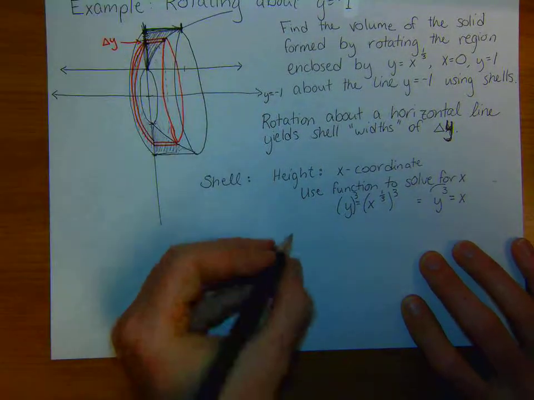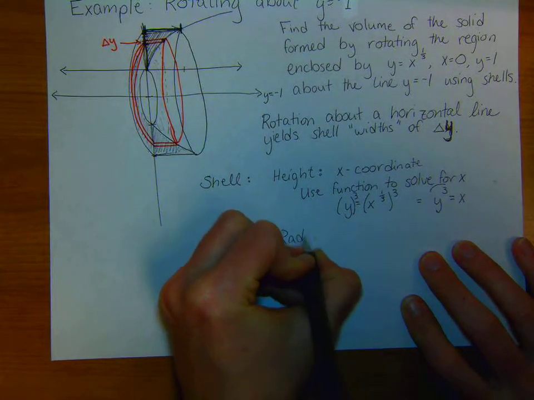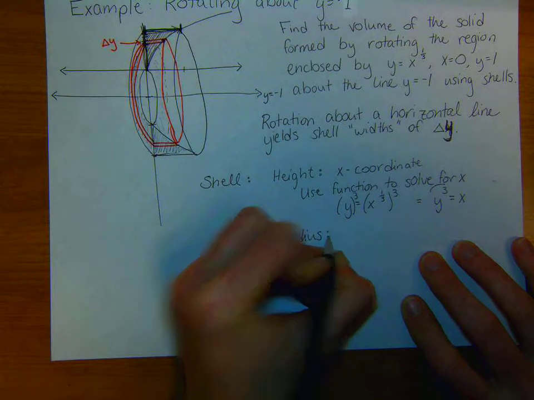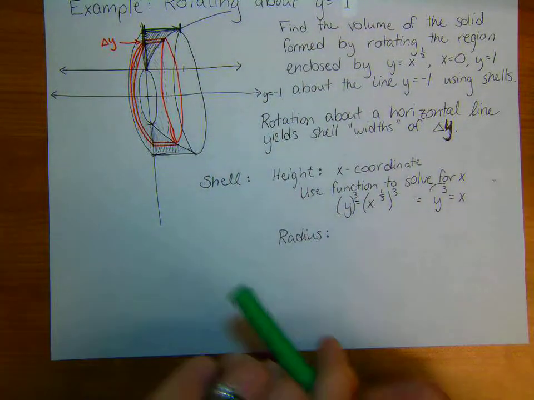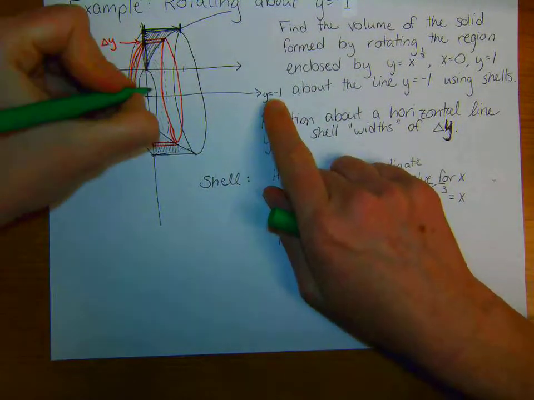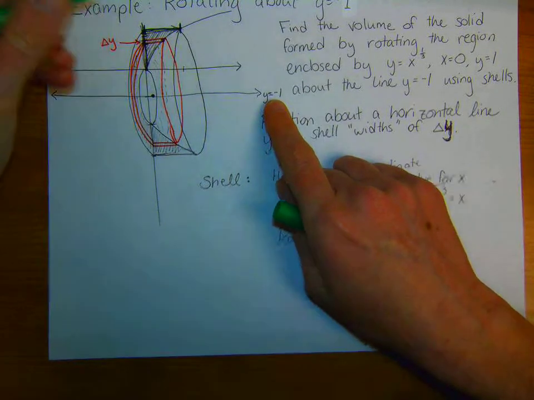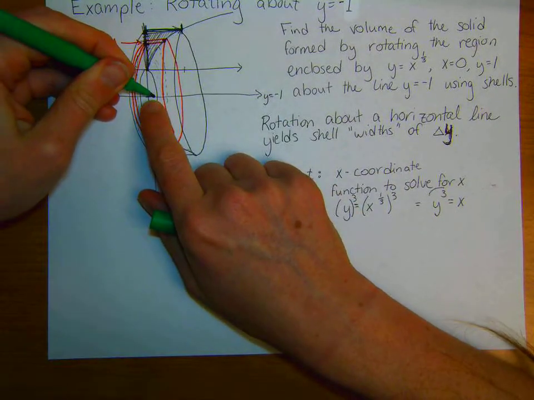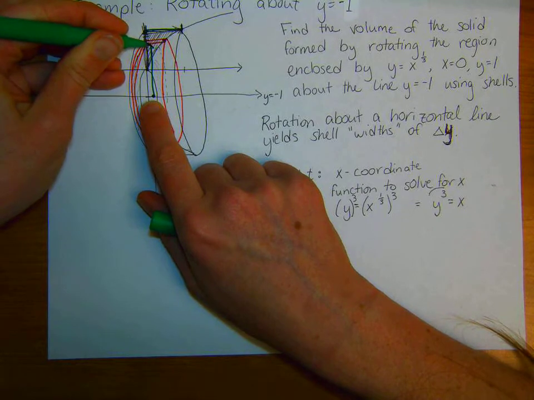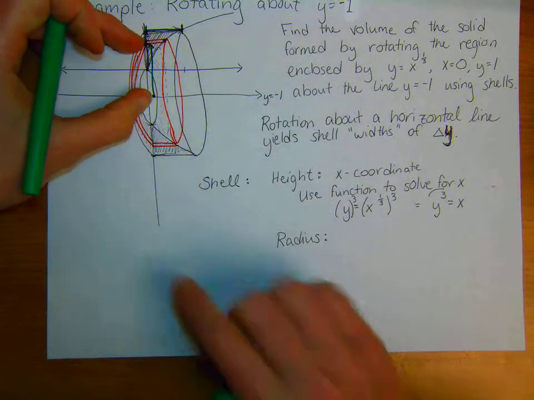What's the radius in this case? The radius of any given shell is going to start from the center point, from the point of rotation, and extend out to be the y value height.